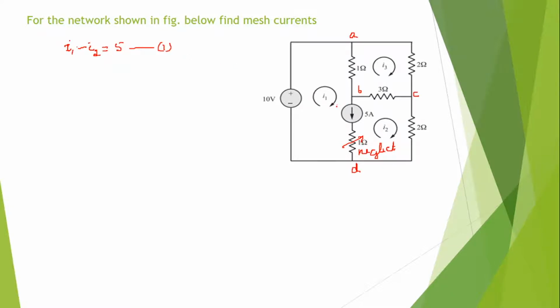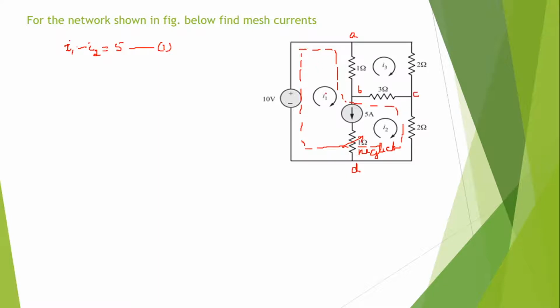As the ideal current source is present in the network, one equation is obtained by equating the source current in terms of mesh currents. Now what is the next step? Whenever the ideal current source is present, you need to identify the super mesh. So this is the super mesh.